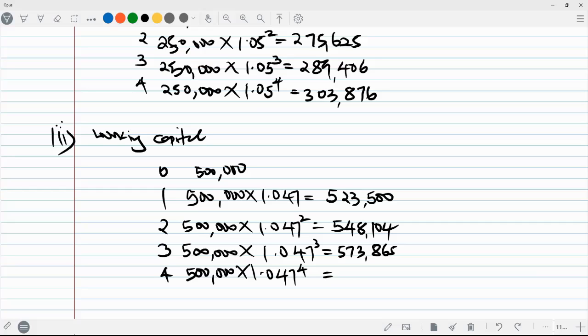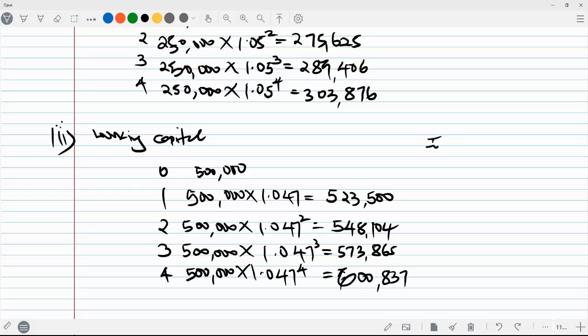Year 4: 600,837. Okay. Don't forget the cost of incremental.